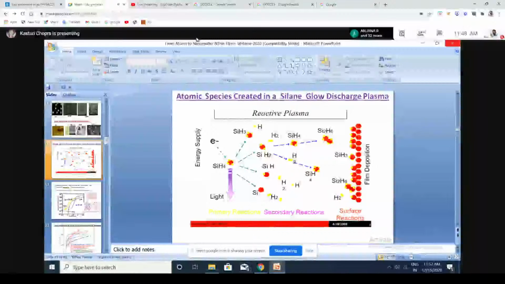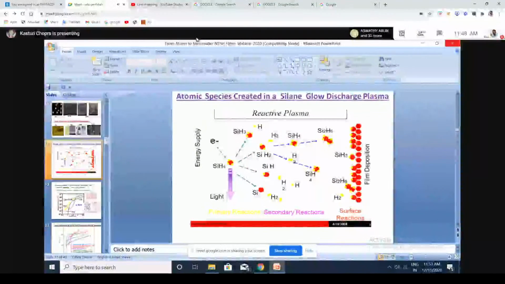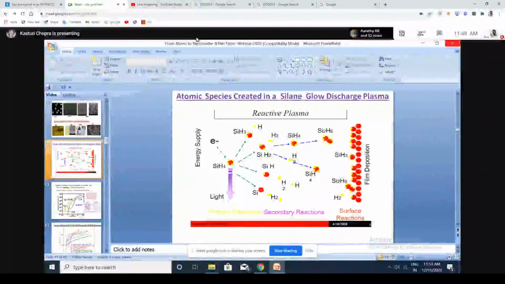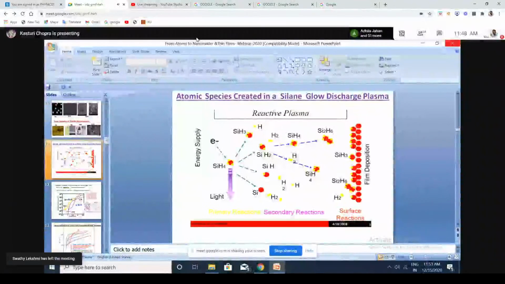In a glow discharge plasma, it breaks up into almost any little species that it can be, like SiH, SiH2, SiH3, SiH4, Si2H6, and then hydrogen, hydrogen molecule, and then silicon. So your plasma consists of all this junk material that you can see here.